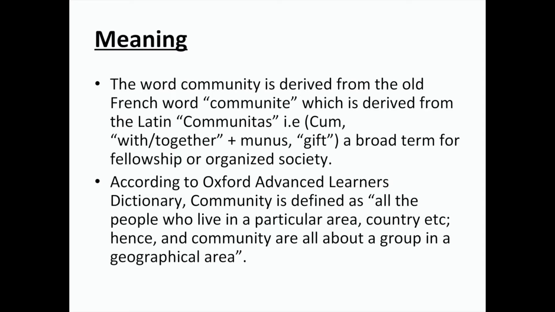What is the meaning of the community? The word community is derived from the old French word communite, which is derived from the Latin communitas, a broad term for fellowship or organized society. The term community has two distinct meanings.